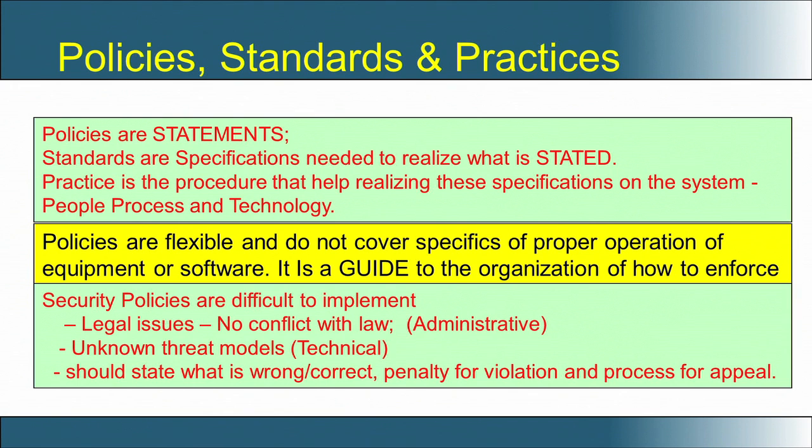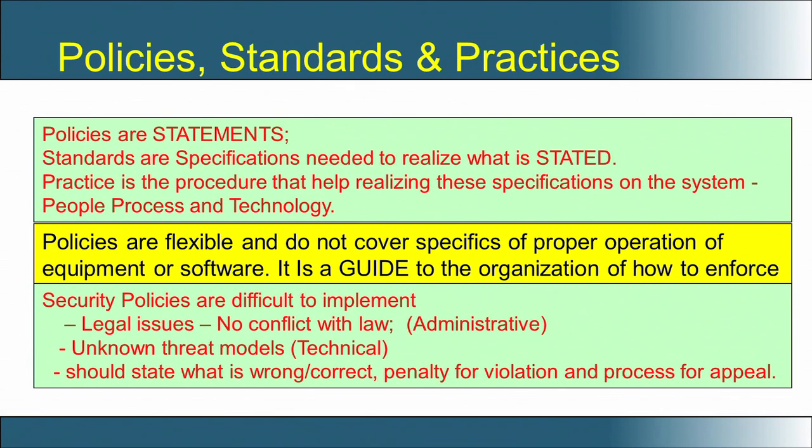So, just elaborating on what we have seen, policies are basically statements, while standards are specifications needed to realize what is stated, while practice is the procedure that helps realize these specifications on the systems. Policies should be flexible, otherwise you lose direction. For example, while arriving at an information security policy, suppose I talk of AES, it is not what a policy should say.